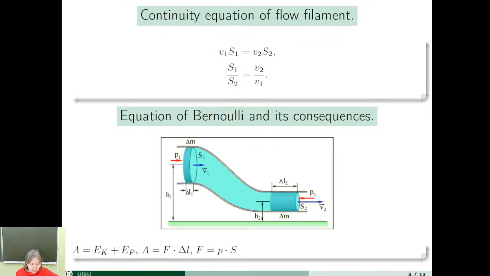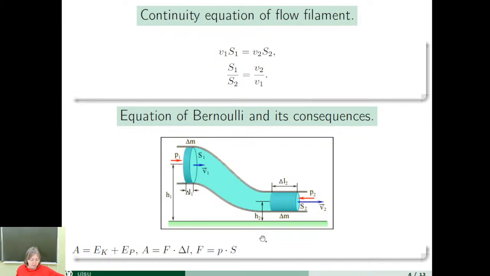We shall allocate the volume of liquid limited by walls of a narrow tube of current and perpendicular to lines of current by sections S1 and S2. Look at the picture here, S1 and S2.